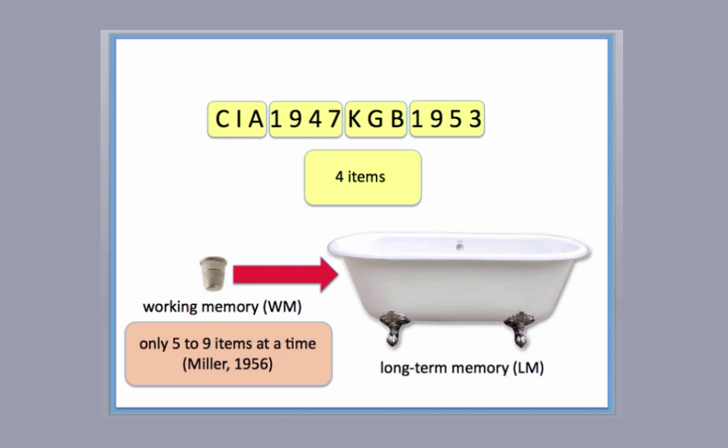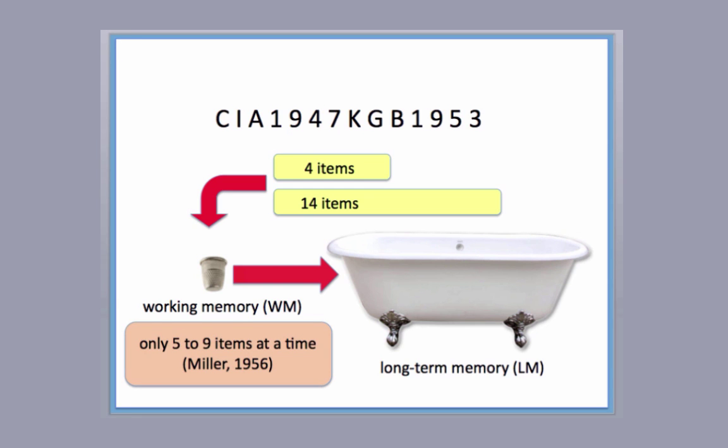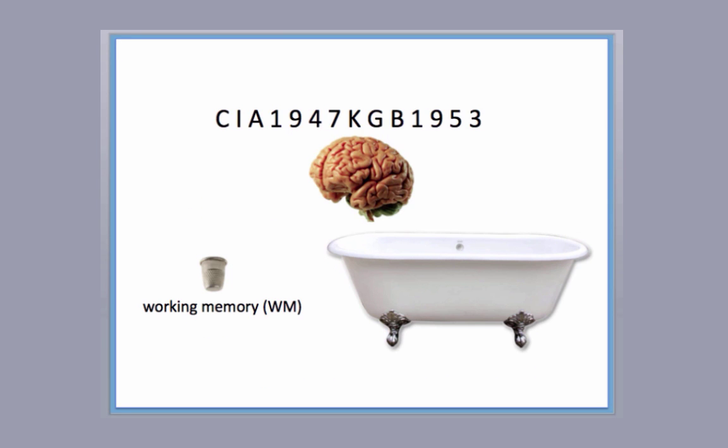And if you guess that those 2 years given here are the years those agencies were created, you're right. So for some readers, this string did not consist of 14 different things to remember, but only 4. And that's a big difference. For some of us, the capacity of working memory here was not exceeded, while for others, it was. And this is what chunking is all about.